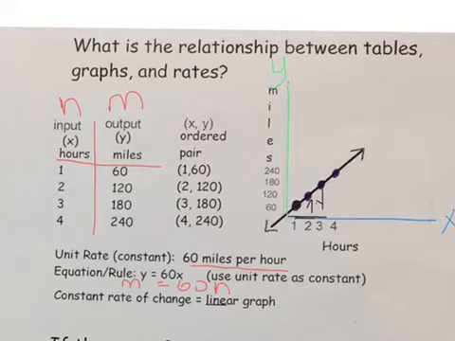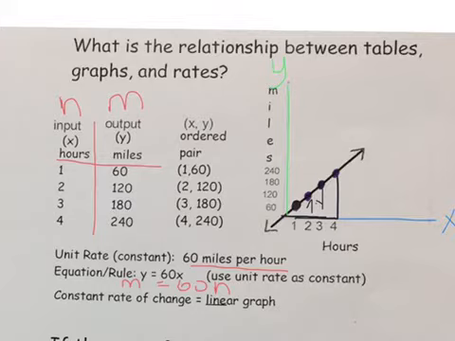That's going to be your next dot right there. The next point that you're going to have is you're going to go over to 4, and then you're going to go up to 240. So you graph your x first along the horizontal line, then you go ahead and you graph your y. You go up to the y.